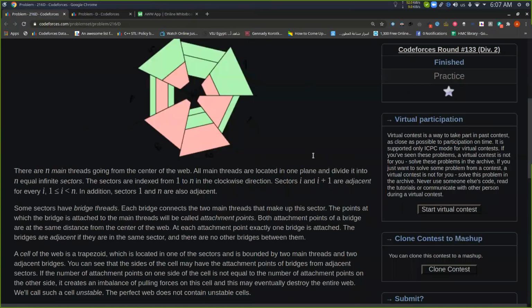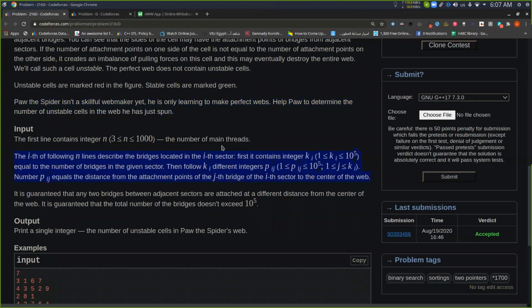Oh no, they are not small. We have at most 10 power 3 sectors, but at most 10 power 5 cells. It's guaranteed that the total number of bridges doesn't exceed 10 power 5, so the number of cells is also around 10 power 5.